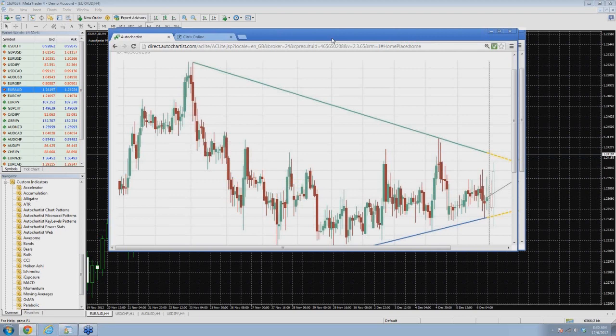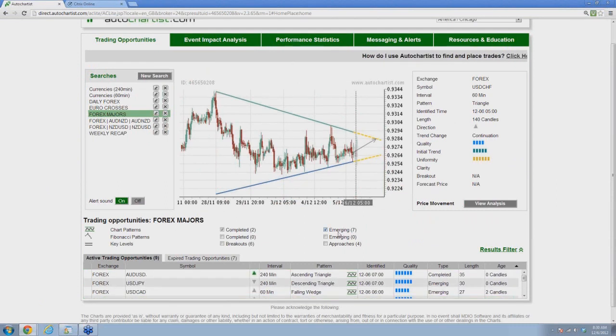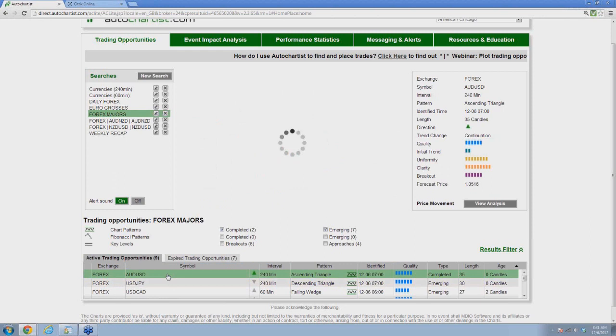On here, you have the opportunity to pick completed chart patterns or emerging, Fibonacci, or breakouts, and key levels. So here, you're going to get a population of opportunities, and you can select which one you're looking at. Australian dollar just came up on the 240-minute, this little breakout here.